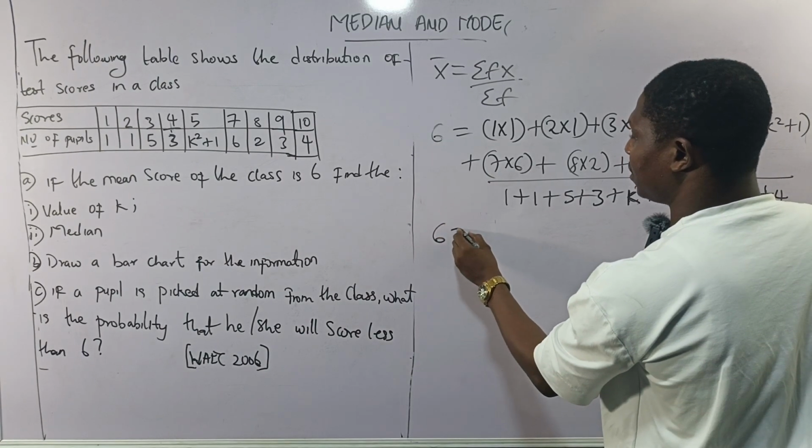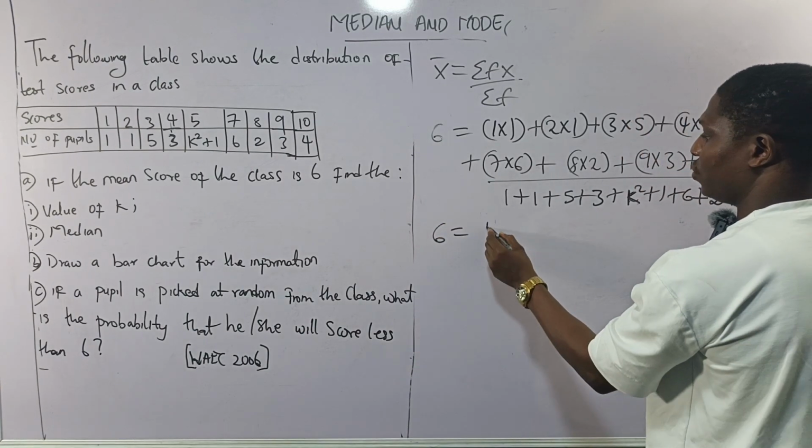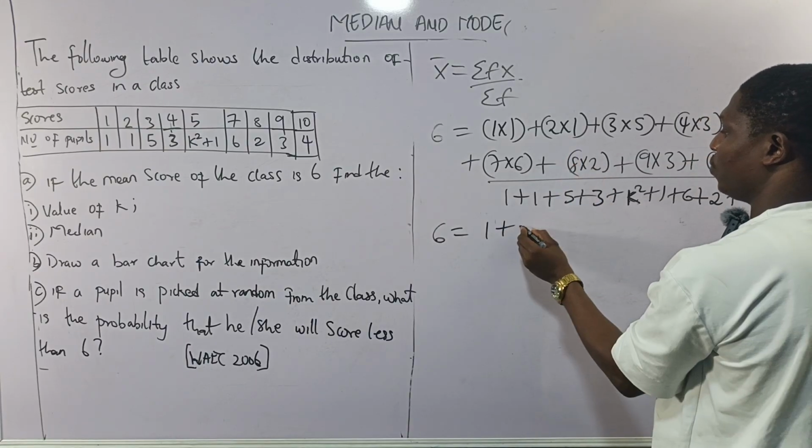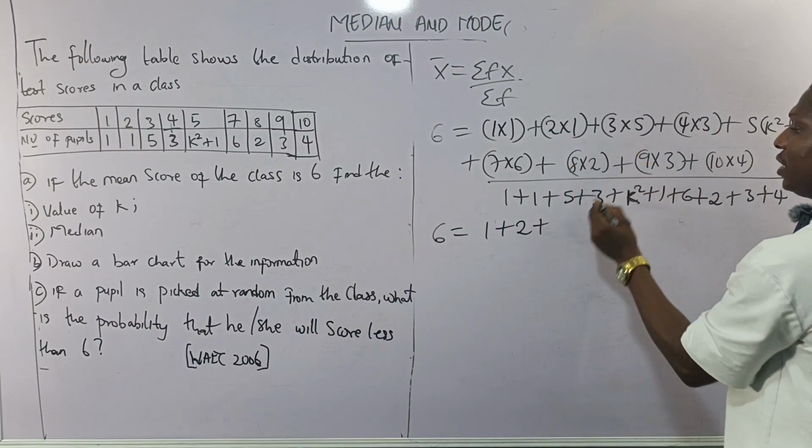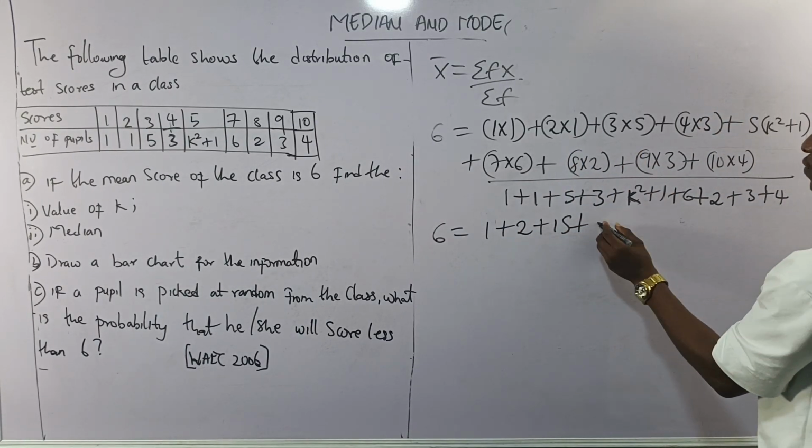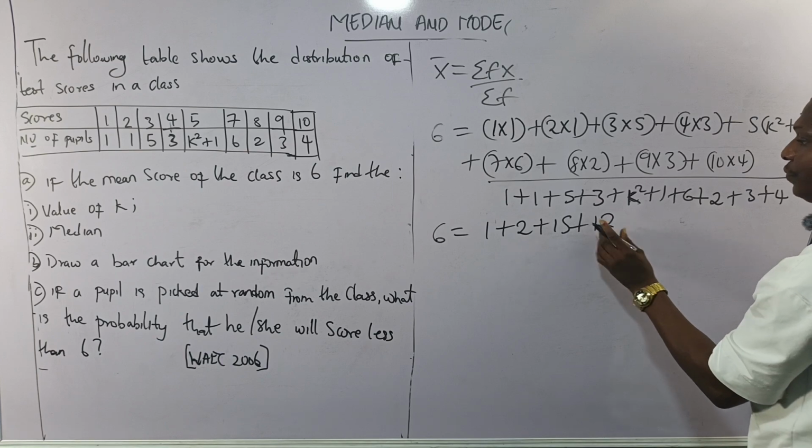Now we have 6 equals 1 times 1 is 1, plus 2 times 1 is 2, plus 3 times 5 is 15, plus 4 times 3 is 12.